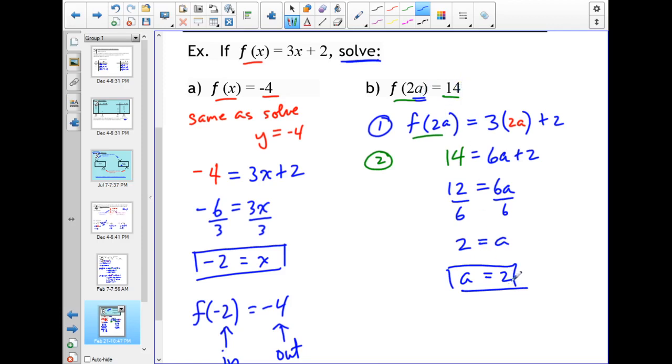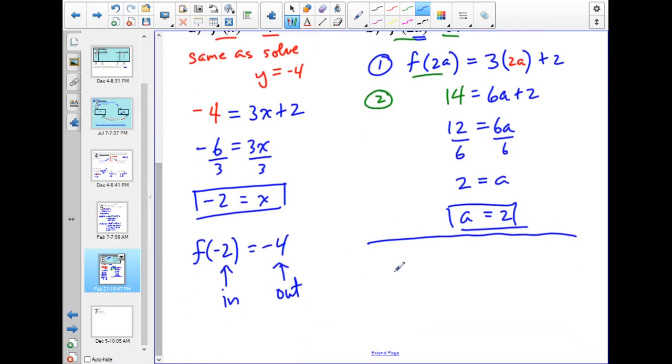And so it turns out if I set a equal to 2 and put it in place of this a, well of course 2 times 2 is 4, so that would be f of 4, and that would give me 14. So let me just finish off this note. I believe this is the last slide. So let's say f of 2 times a, and a is 2, so f of 2 times 2.